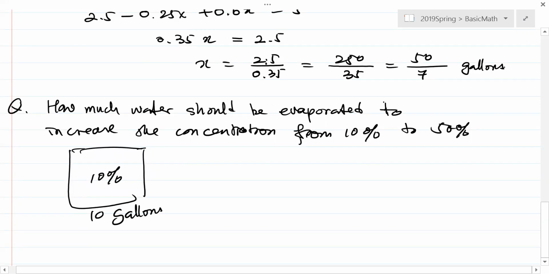All right, so this is another type where the total amount is changed. See, in the first problem, we increased the amount of the original solution.